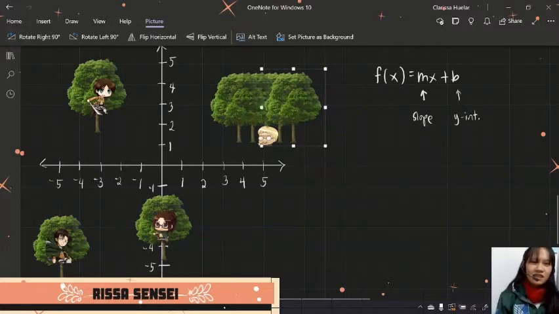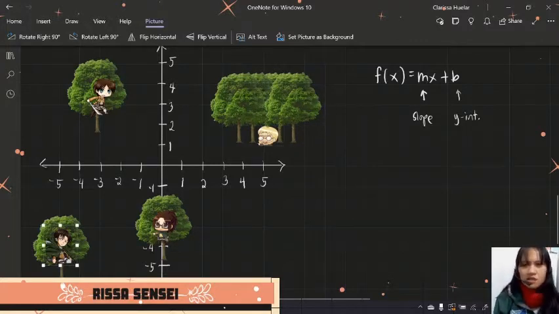And, eto, the brother of Eren, si Zeke. Okay? Na spoiler daw. So the brother of Eren, Zeke Jaeger, whatever.